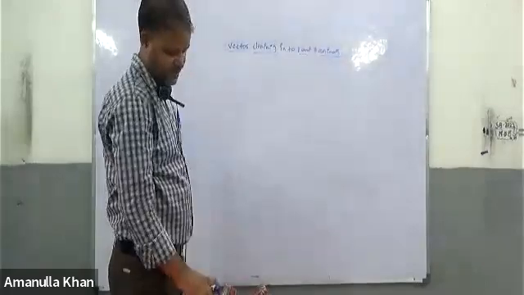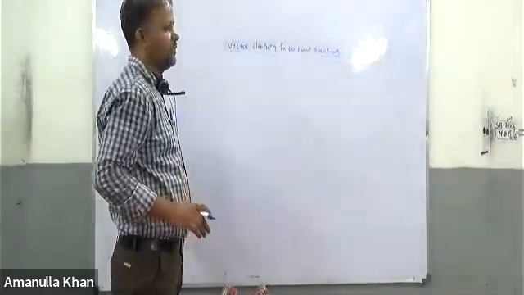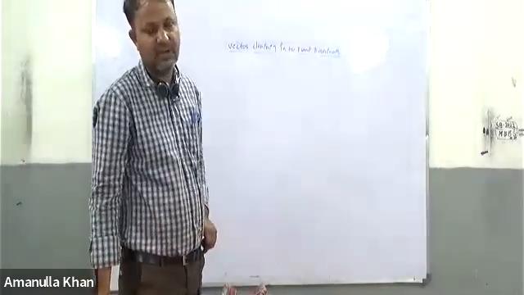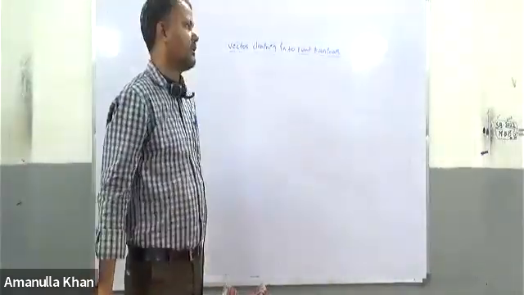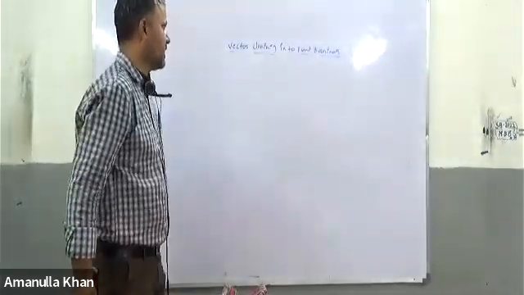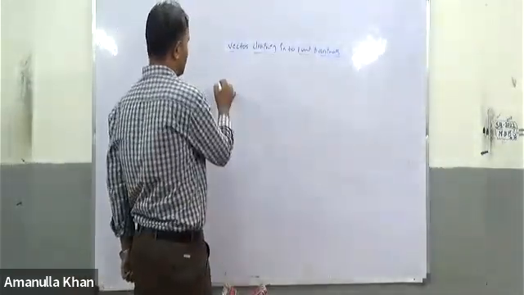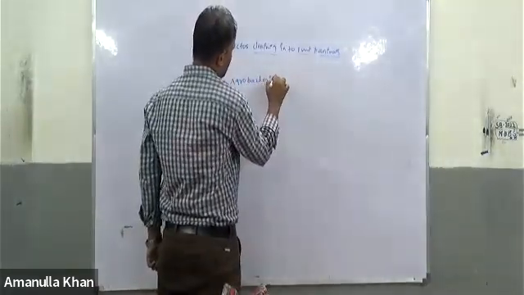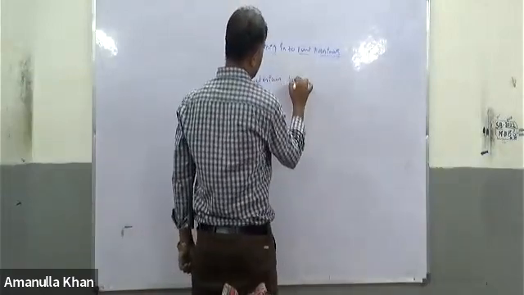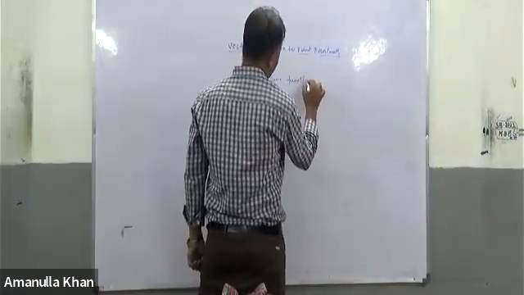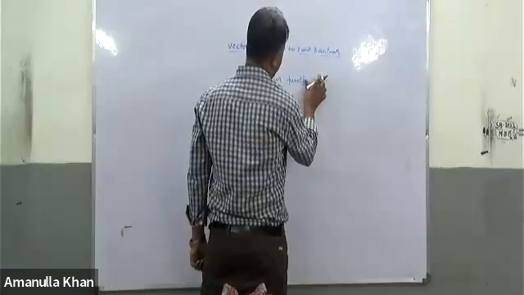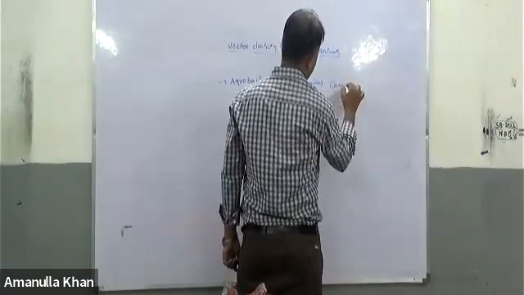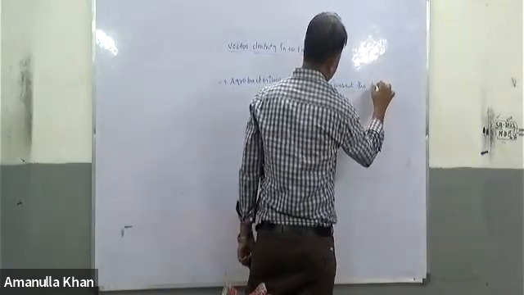Agrobacterium tumefaciens causes disease in some dicot plants. It causes crown gall disease. Which one? Agrobacterium tumefaciens causes the disease to what?